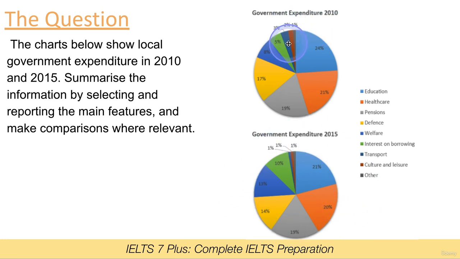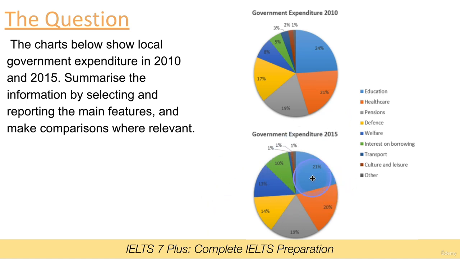What else strikes out to me? The transport, which is this dark blue, is low in both. This orangey red, dark red colour, culture and leisure, is very small, and also other is very small as well.